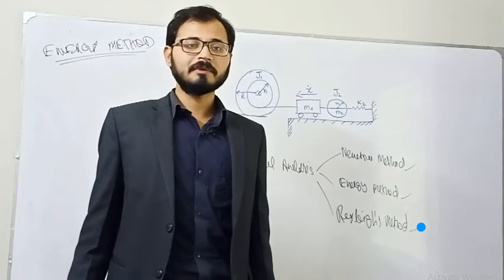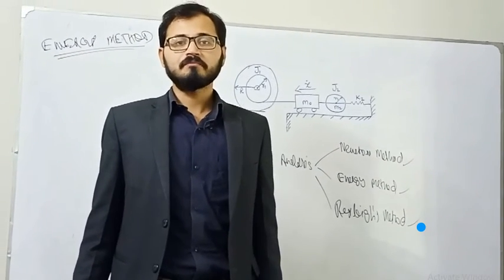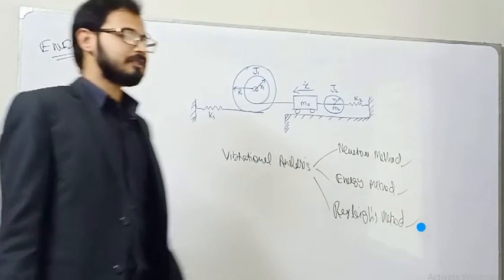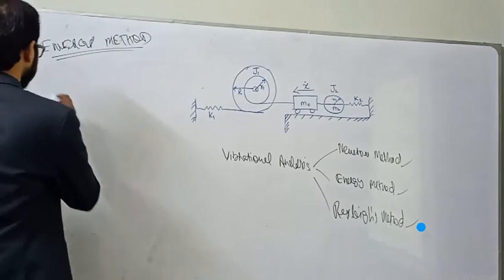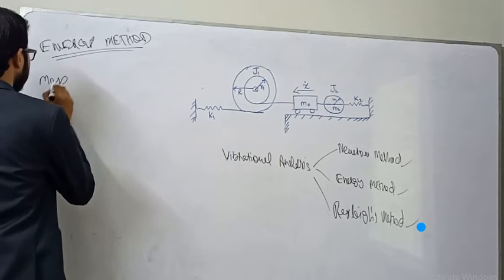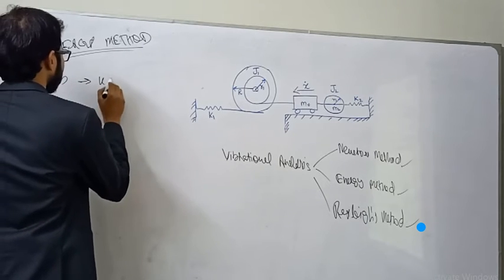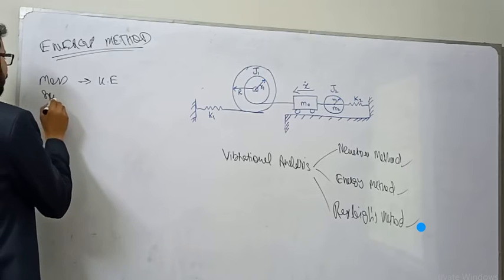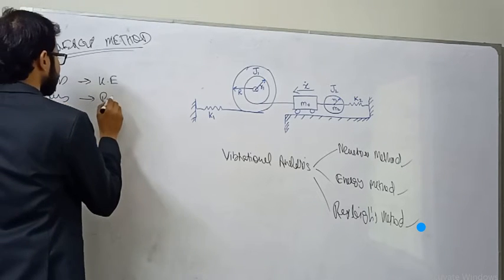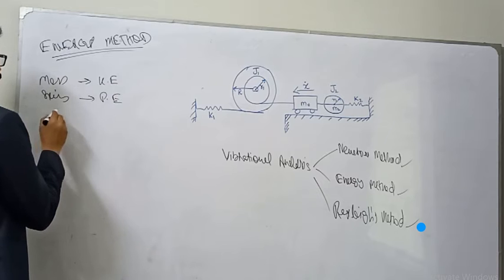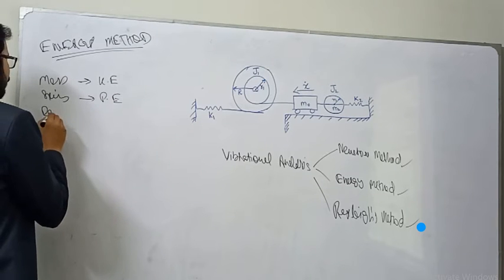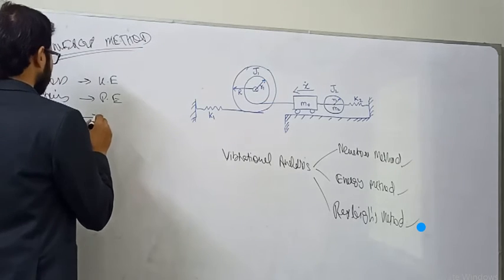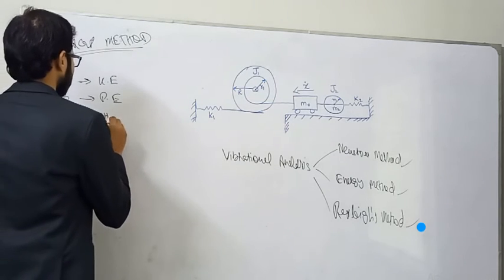For example, if the vibrating element consists of a mass, a spring element and a damping element, then the energy associated with the mass will be kinetic energy, the energy associated with the spring element will be potential energy, and the energy dissipating because of the damping element will actually be heat energy.